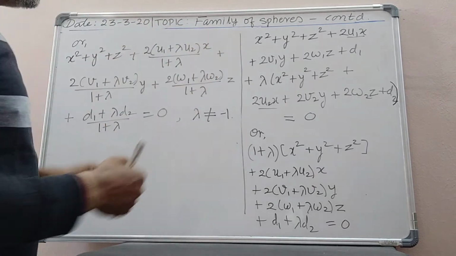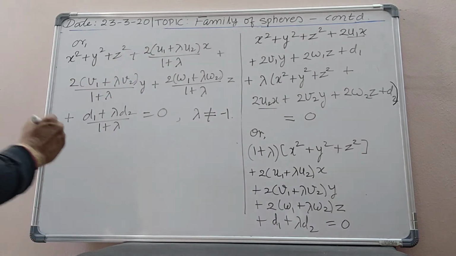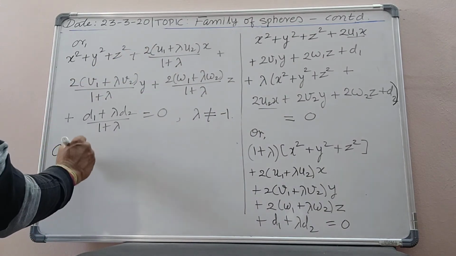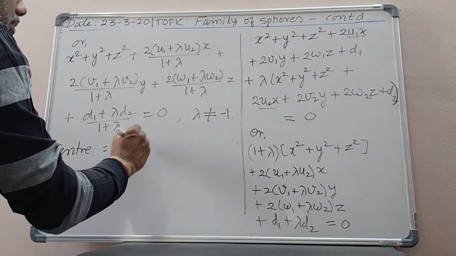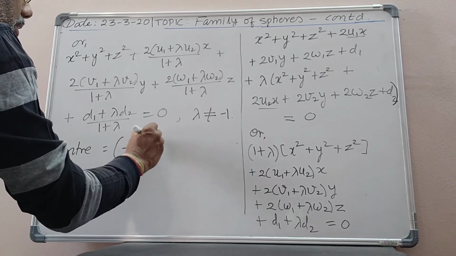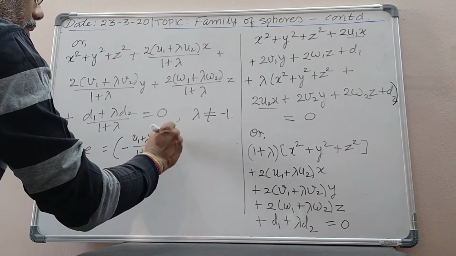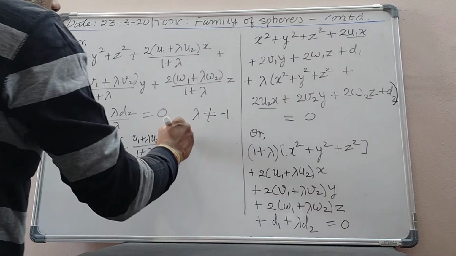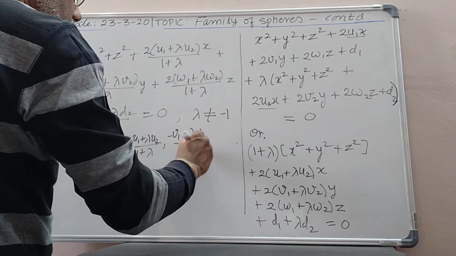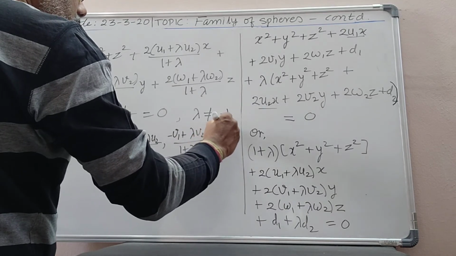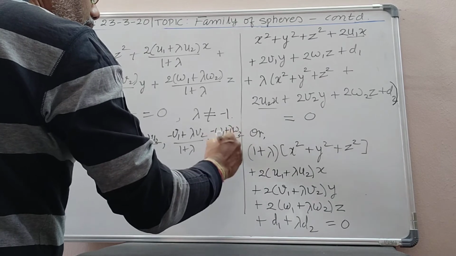The center will be minus u1 plus lambda u2 upon 1 plus lambda, minus v1 plus lambda v2 by 1 plus lambda, minus w1 plus lambda w2 divided by 1 plus lambda.